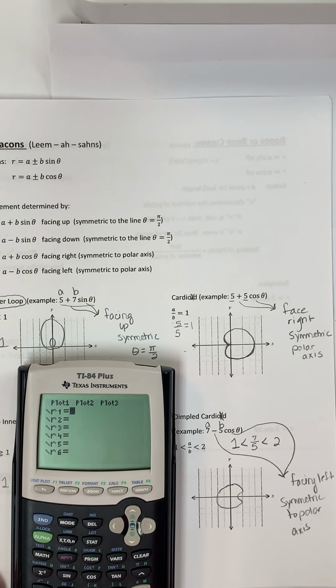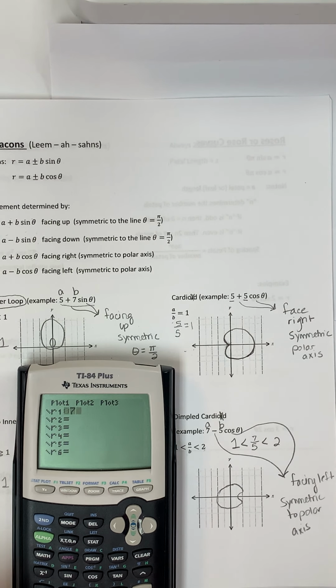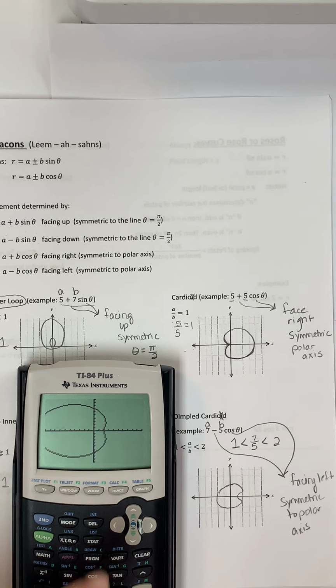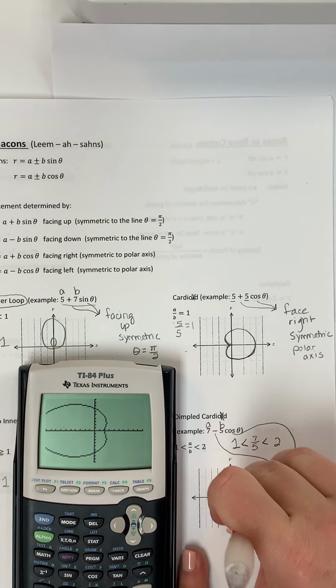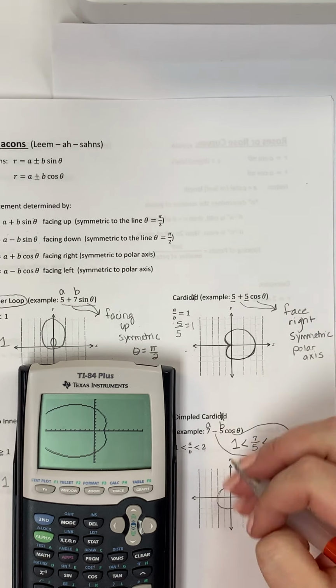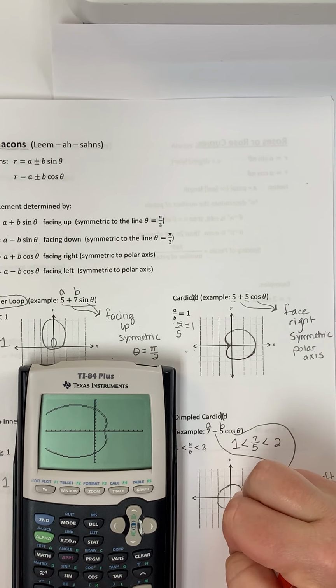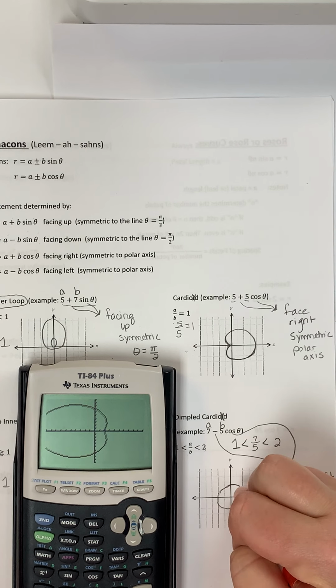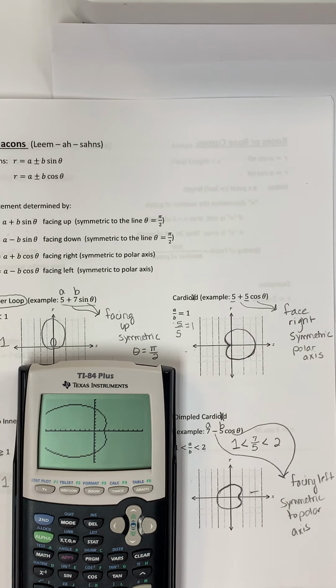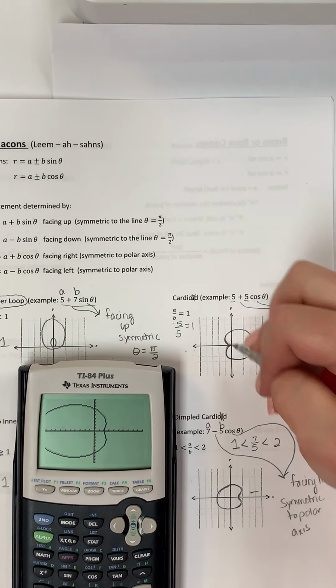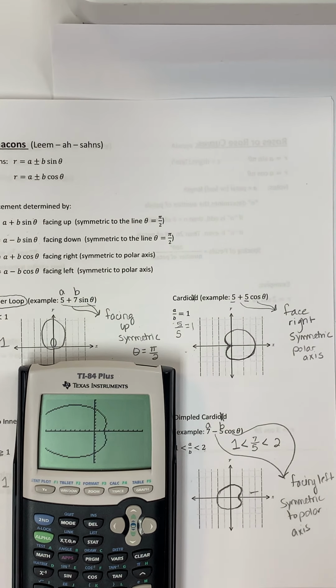So if I clear that off and I put in 7 minus 5 cosine theta, and I graph it. There we go. And theirs, gosh, isn't even as pronounced as mine. I like mine a little more, but it just barely comes in. There's definitely a little dip there, kind of like a little bean, but it's not sharp like this one, okay?